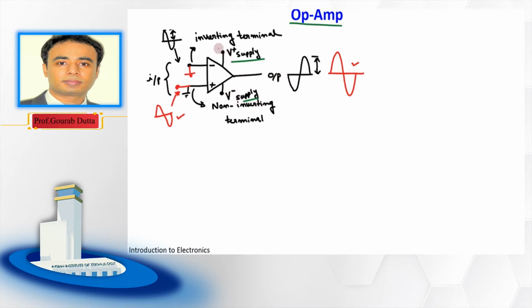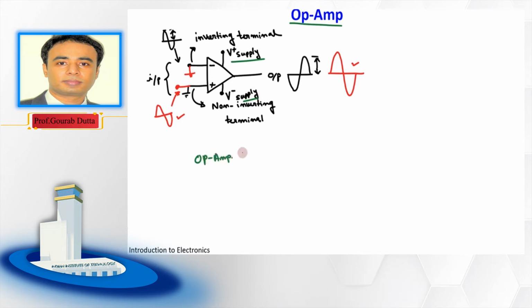You can consider the overall op amp as a single device, because internally there are 20 to 30 transistors, but you can consider the total thing as one unit. Since we are supplying both positive and negative supply voltage, this op amp is a direct coupled device.